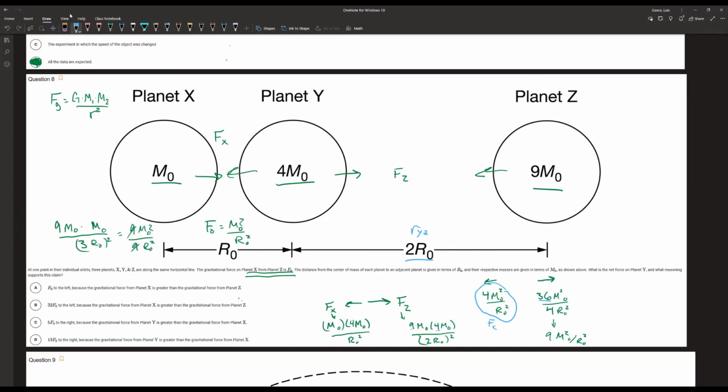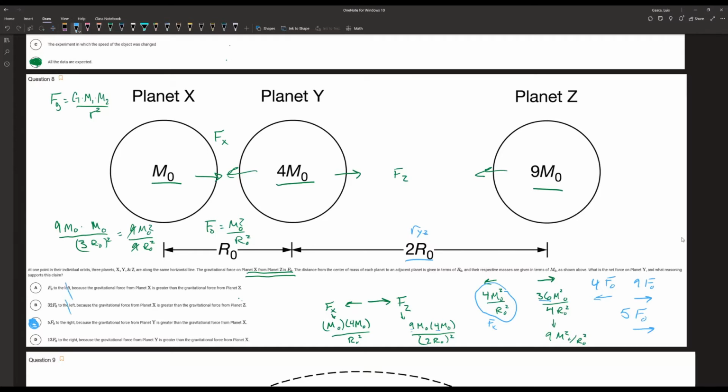So when we do all this, we get 9 times 4 for this guy is going to be 36 on the top, M0 squared, over 4R0 squared. 36 over 4 is 9. So we have 4, just kind of putting things in terms of F0, 4F0 this way, and we have 9F0 this way, for a total of 5F0 in this direction. And so I think C is going to be your best answer choice.